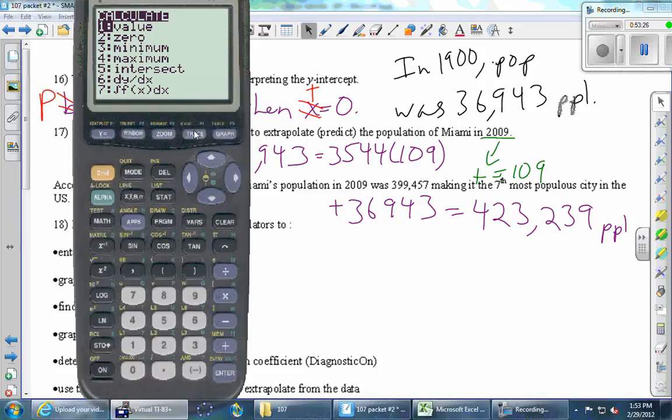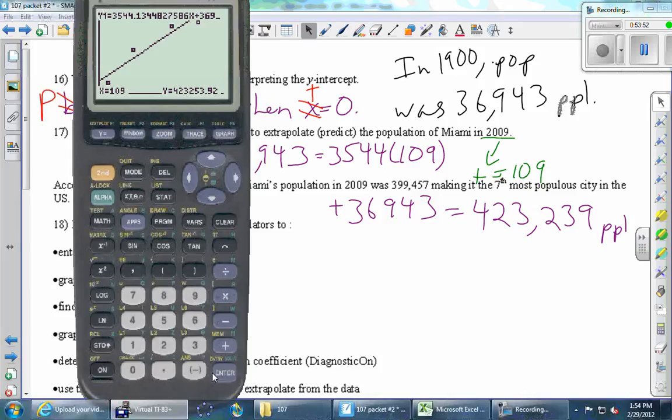The very first option says value. Hit enter on that one. It says how much is X. What was the X value we wanted? It was 109. You type in 109 and hit enter. $423,253. Is that what we got?